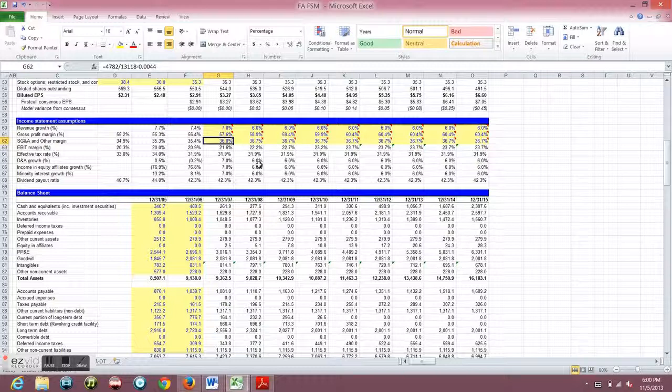That's a way to account for SG&A and other margin. We're using that because we don't have enough information to find out exactly what portion of this is other. That's why we're going to do minus 0.0044 for all of them.